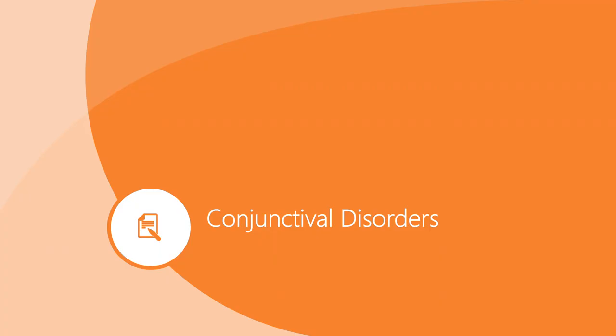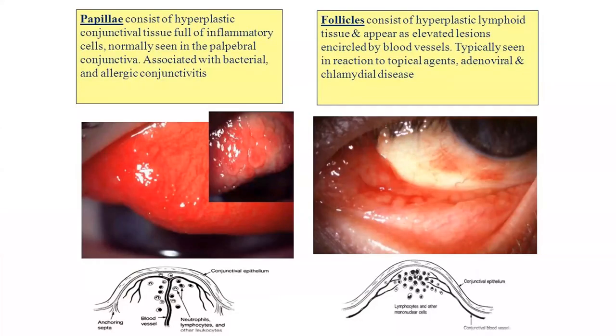Before we discuss the conjunctival disorders, we need to understand two different pathological entities, which will be helpful to make a differential diagnosis of conjunctival diseases. These are the papillary conjunctivitis and follicular conjunctivitis. If you check the conjunctival disorders, you will mostly find that they cause one of these.